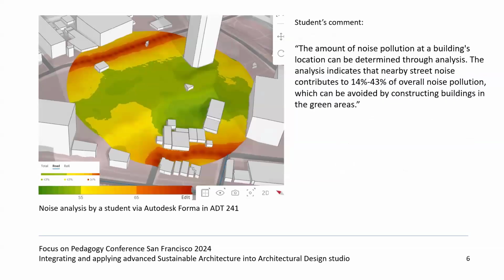As I said, the only module where the students need to input their own information is the noise analysis. For instance, in this slide, you can see that the students start to add the noise information for the roads next to the site to understand the site's behavior in terms of noise. Here, there are two roads on both sides of the site.